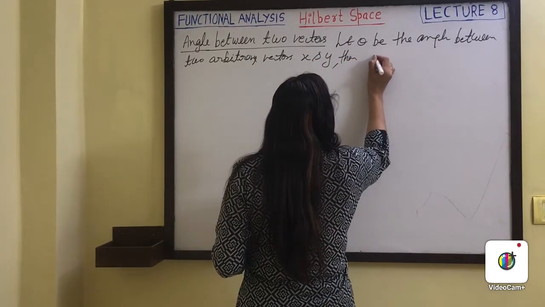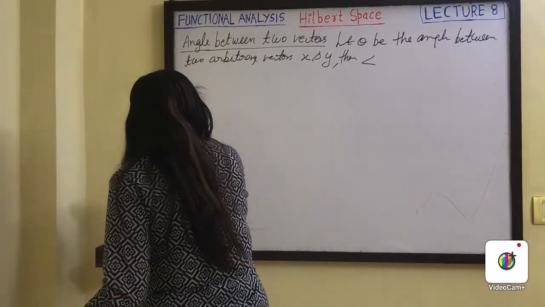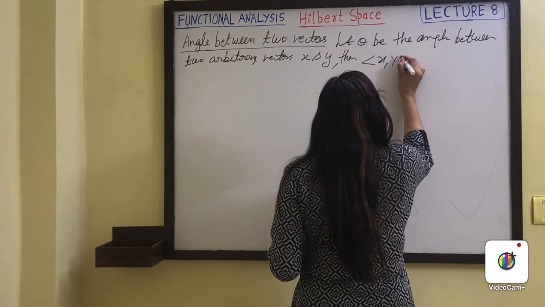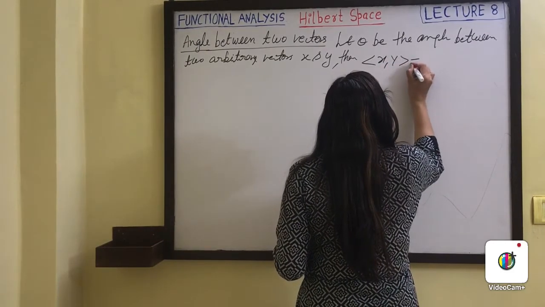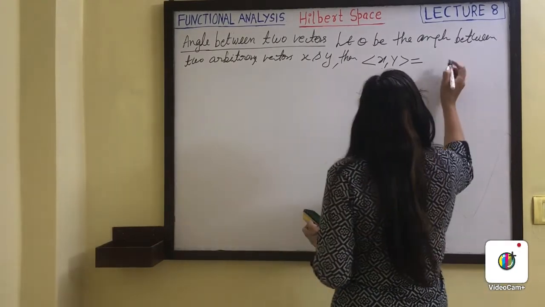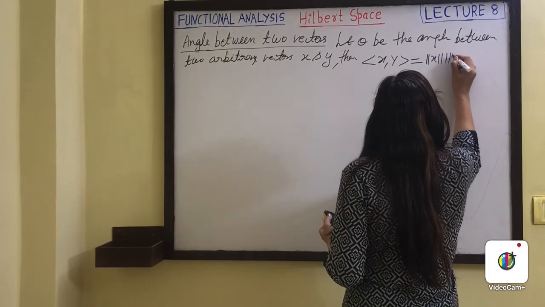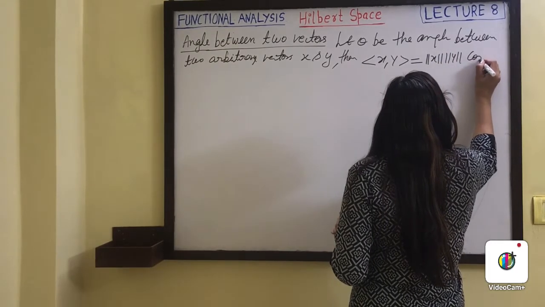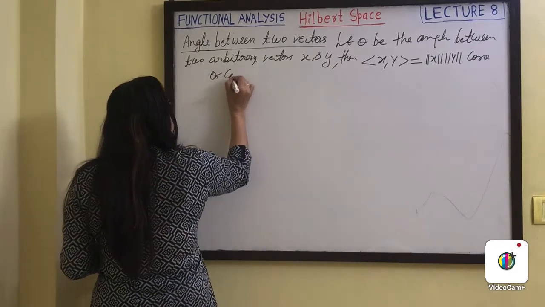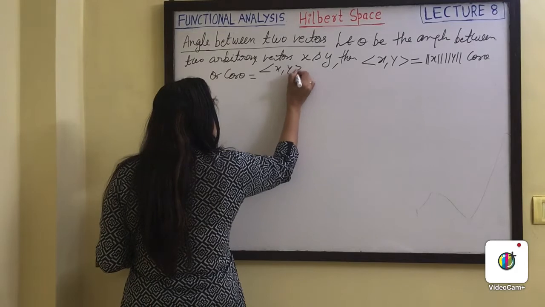Then inner product of x y is equal to norm x norm y into cos theta, or we can say cos theta is equal to inner product of x comma y divided by norm x into norm y.